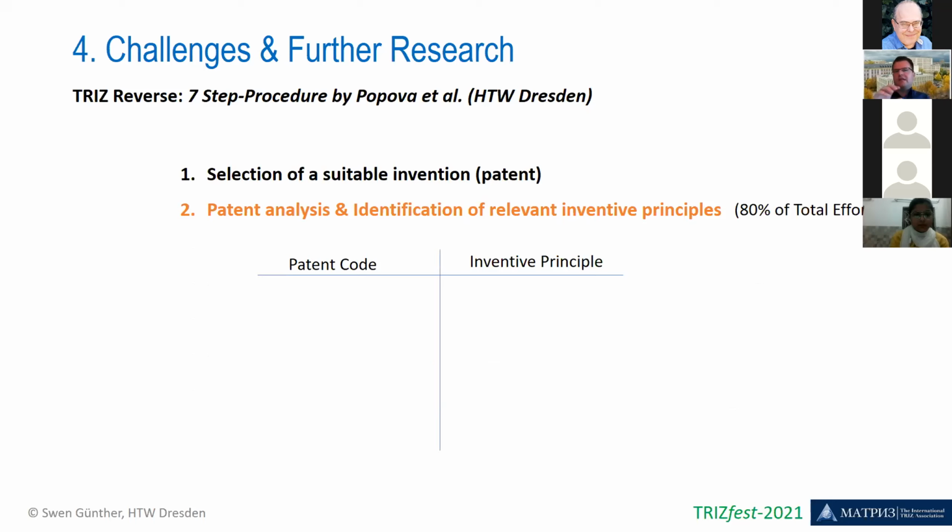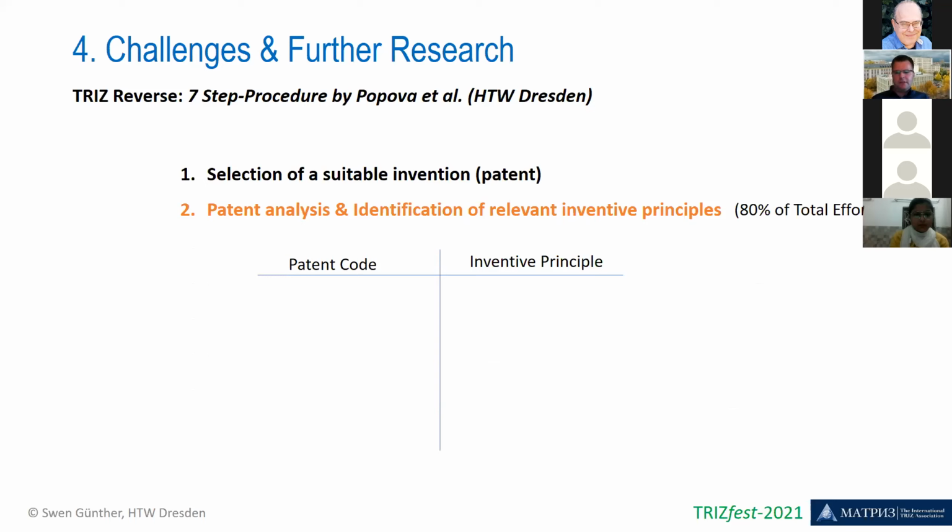This is the crucial step to get from the real problem to the abstract problem, or in the case of TRIZreverse, to get from the real solution, this is the patent and the text, to the abstract solution. So this is what we would call 80% of the total effort of the 7-step procedure.